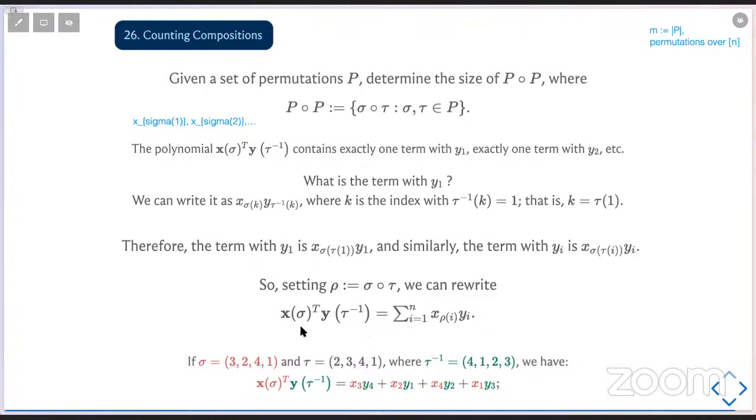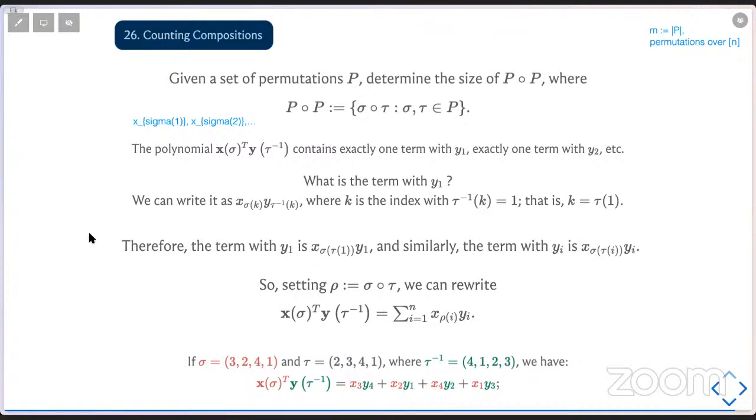I combine x of sigma with y of tau inverse to ensure that the x indices are capturing the composed permutation. Is this okay? I think if we were good up to everything that was said up to the previous line, we're good further along. And thanks, Vinay, for pointing out the correction there. So hopefully this is now sensible.